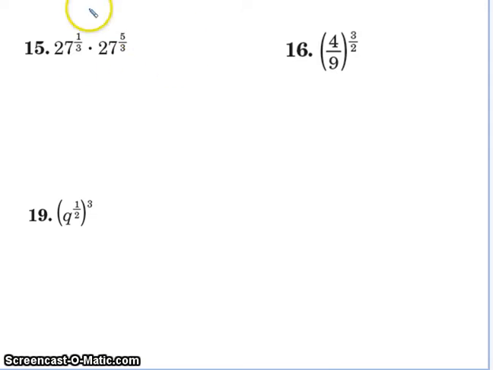If you remember with our monomial rules last night, if you had x to the 2nd times x to the 5th, you are going to add your exponents to get x to the 7th. So if we have the same base, we add the exponents.